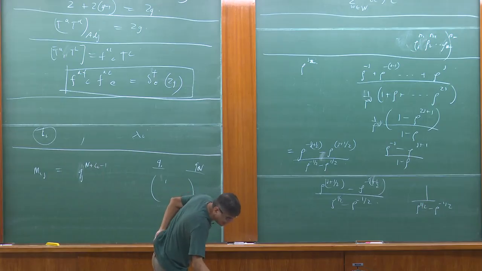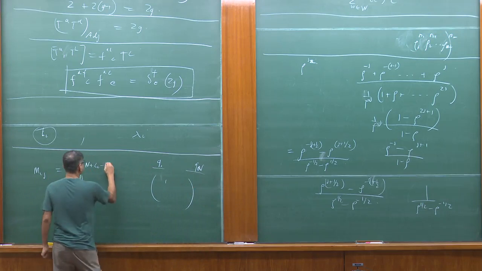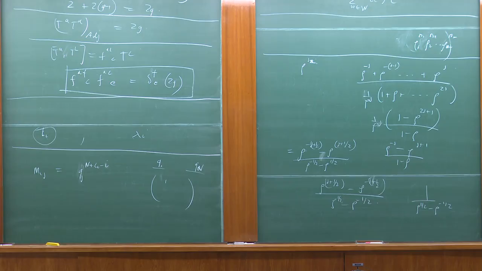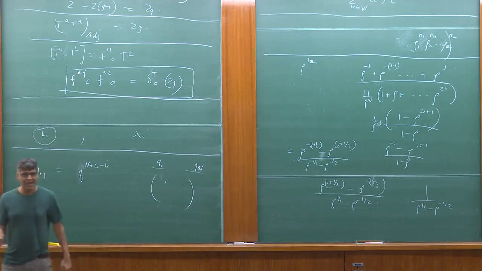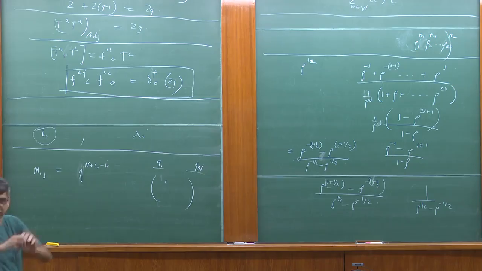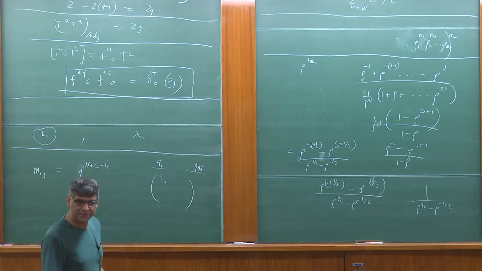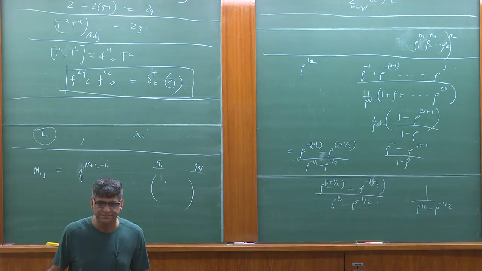So the jth column only has Q_j's, and how many powers it carries depends on the number of boxes in the ith row, according to this formula. So this is some matrix. Now compute the determinant of M.